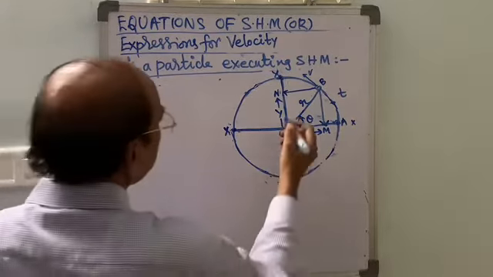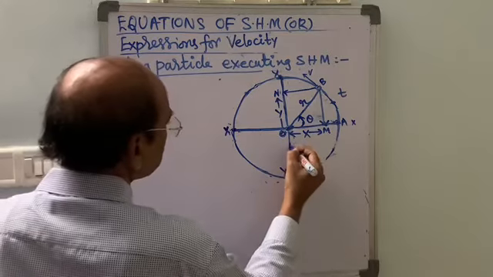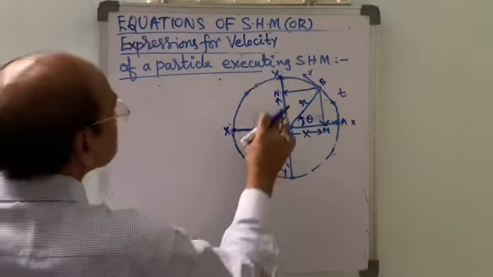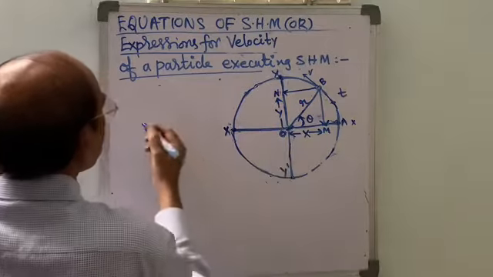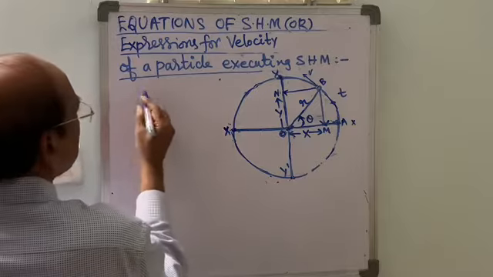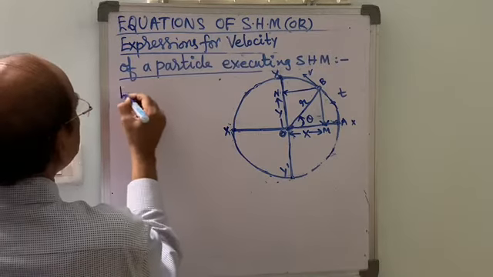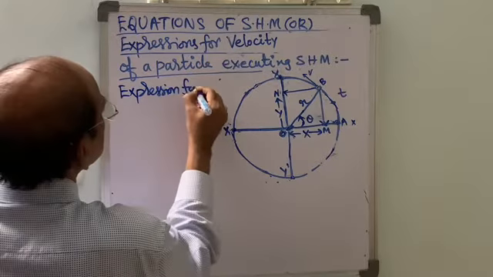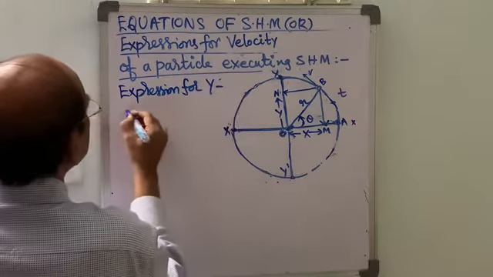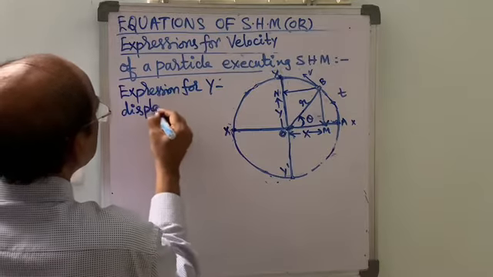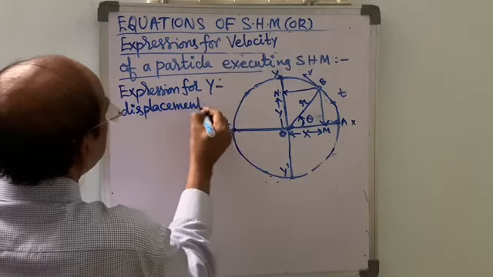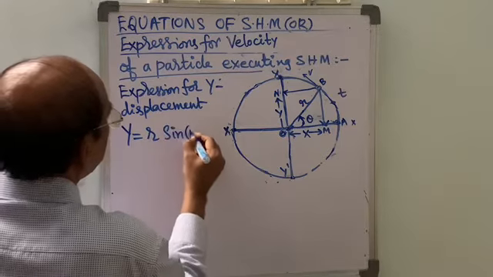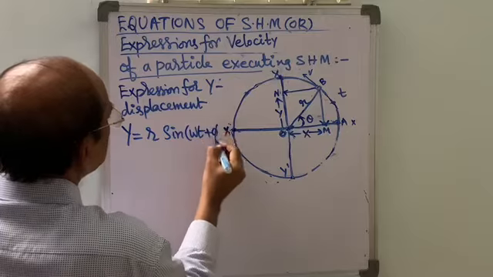Now consider the vertical diameter only. Therefore, the velocity of the particle on the y diameter. The expression for y displacement, already we derived, is y equal to R sin(omega t plus phi).